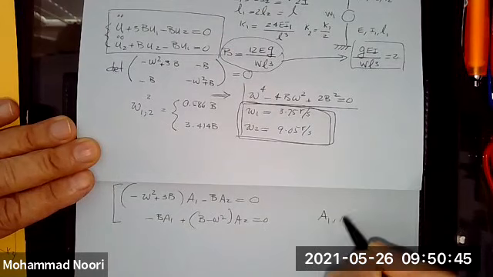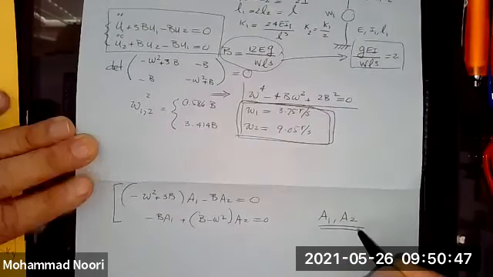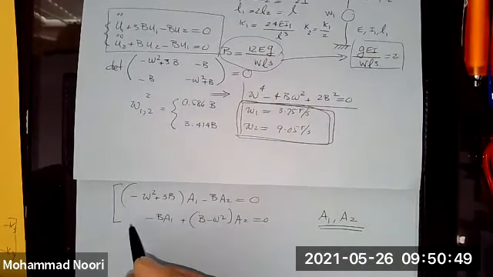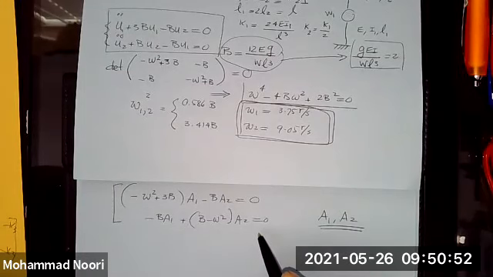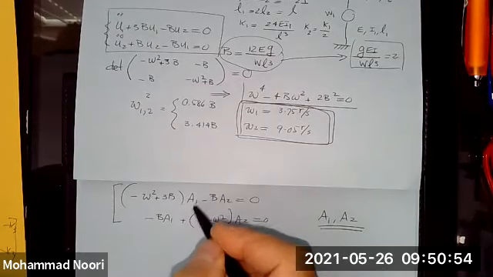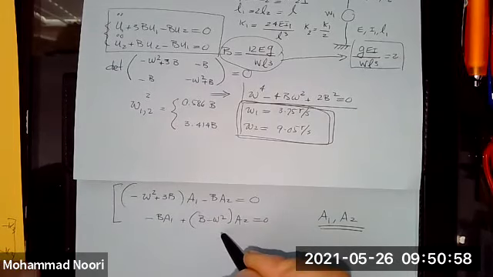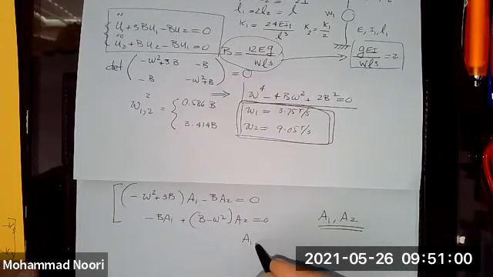So you want to solve for A1 and A2. But as we said, this is a homogeneous equation, so you cannot find a unique solution for A1 and A2. The unique solution is only A1 and A2 both being 0.